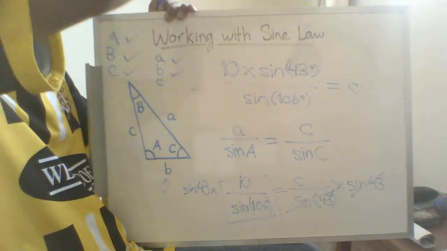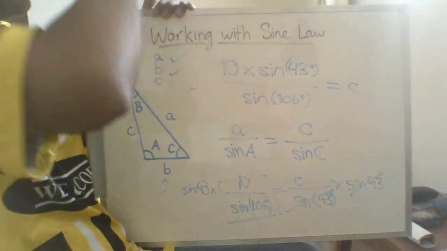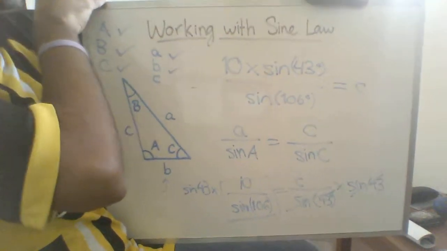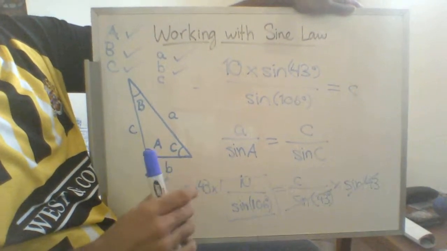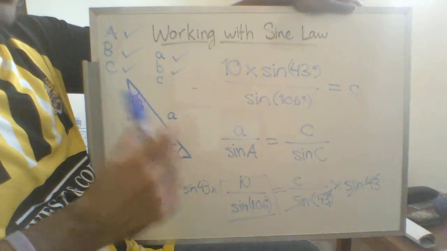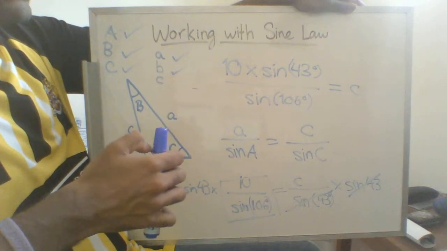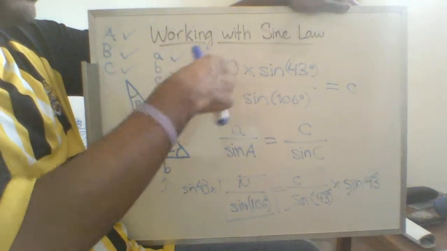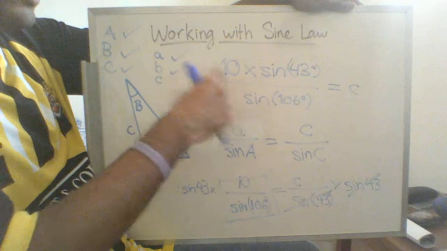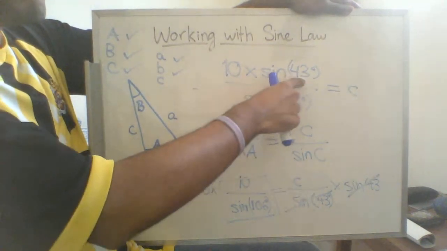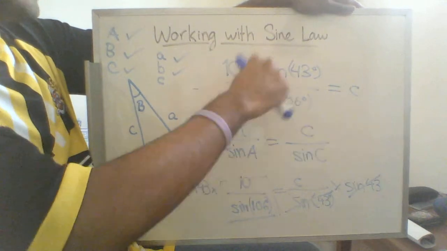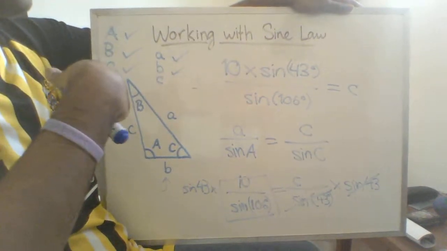Now some calculators don't like hitting the sine button first. If your calculator doesn't display the word SIN on the display, or if it complains that you hit the multiplication sign and then the sine button, then what you can try doing instead is type in 43 and then hit the sine button afterwards.